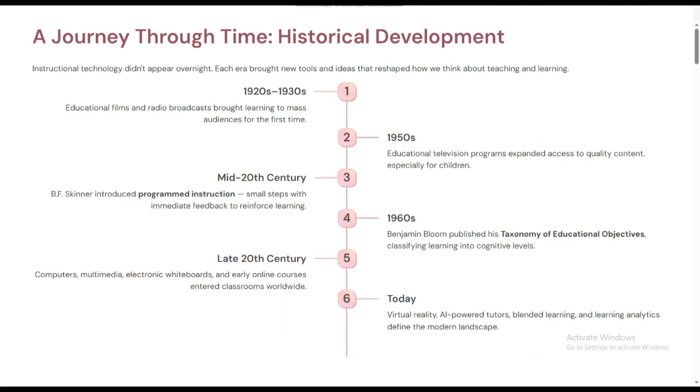And today we are seeing the emergence of virtual reality, AI powered tutors, blended learning forms, then analytics, which has reshaped and redefined how we see learning today. So it has been a quite progressive journey with different experiences as we transition.